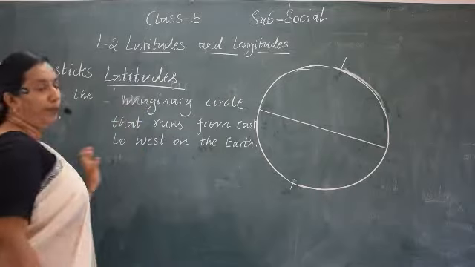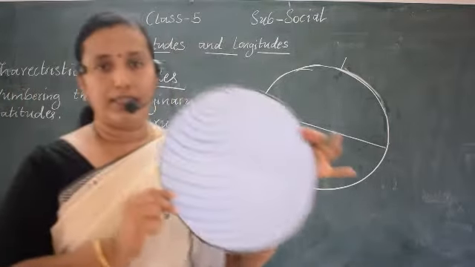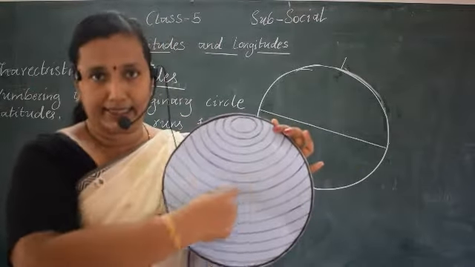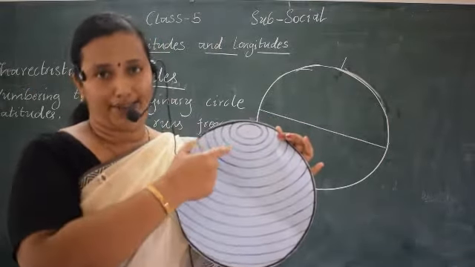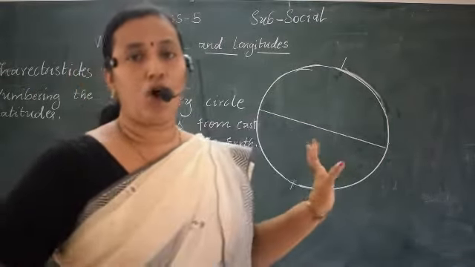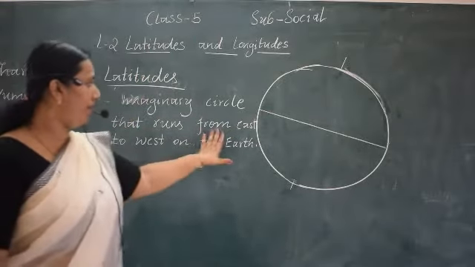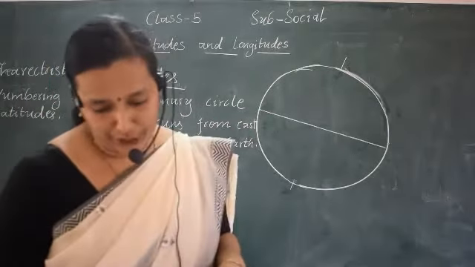Okay children, what do you mean by latitudes? I already showed that picture. This is the picture of latitudes. These are the imaginary circles that run from east to west on the earth, called latitudes. Now in that, I already told you that I will tell you about this line.